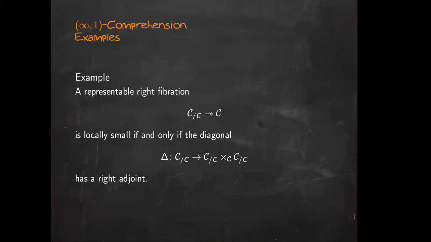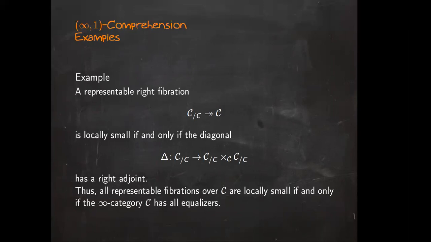All right, so let's consider examples with these two instances. So we can consider representable fibrations over any category C, and one can show that they're locally small in the sense we just defined, if and only if the diagonal here has a right adjoint, right? So the right-hand side here is just the rectangular diagram category over two points, and the left-hand side comes from considering rectangular diagrams over the walking arrow, but because this thing is a right fibration, these are basically vertical equivalences, and we can show that this is just the slice itself.